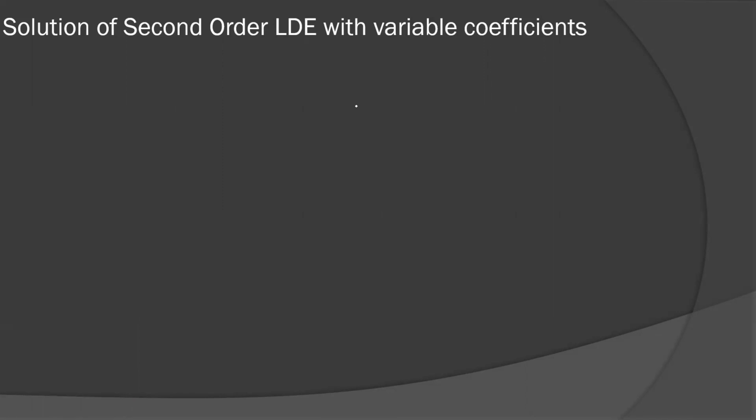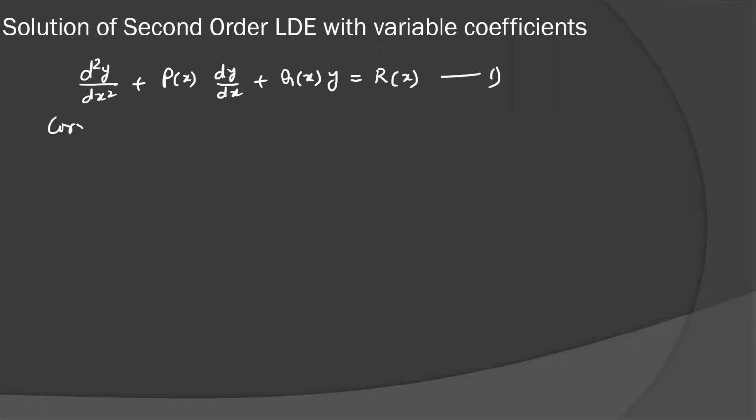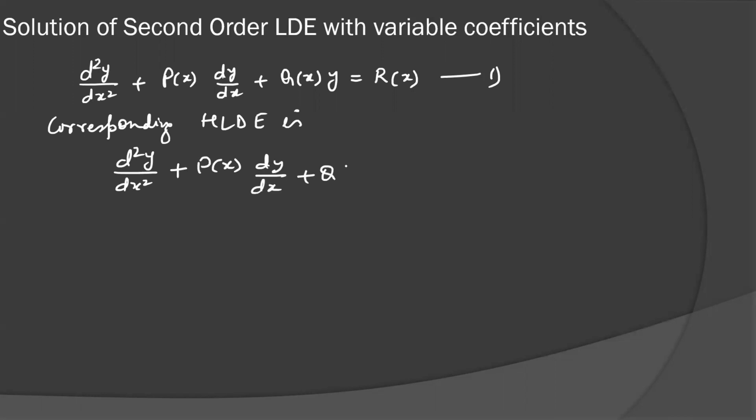Suppose we have a second order differential equation d2y by dx2 plus px dy by dx plus qxy equal to rx, and the corresponding homogeneous linear differential equation is d2y by dx2 plus px dy by dx plus qxy equal to 0.